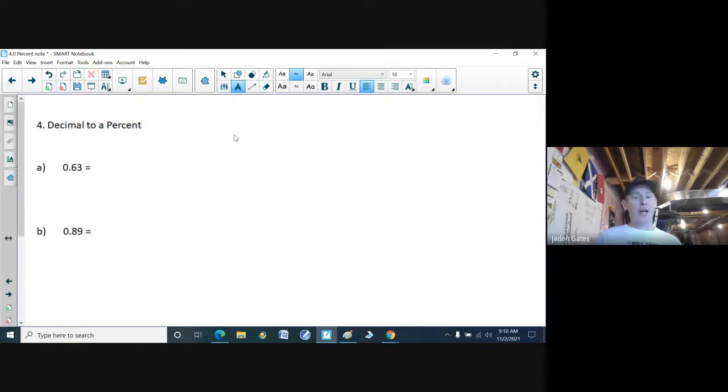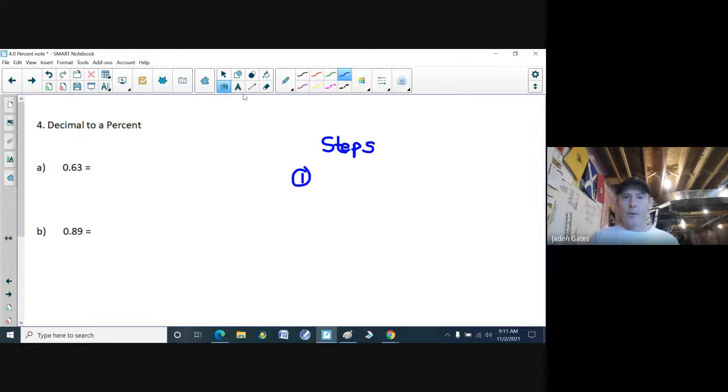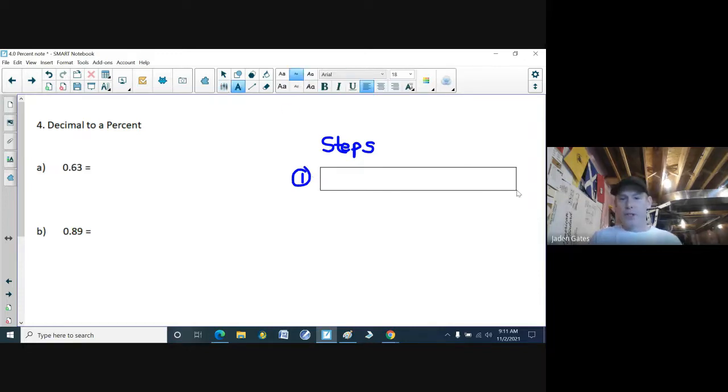We could go the other way, decimal to a percent. The steps are actually just the opposite. So the first step of dividing by 100, well, we could simply do the opposite, which is multiply by 100.